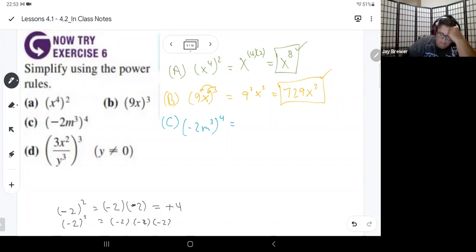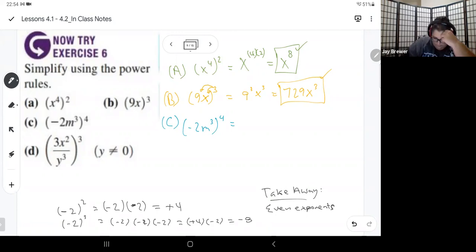We already know -2 times -2 is +4, but we have another -2, so that means -8. So what's our takeaway? Even exponents: positive. Odd exponents, when you have a negative sign: negative.